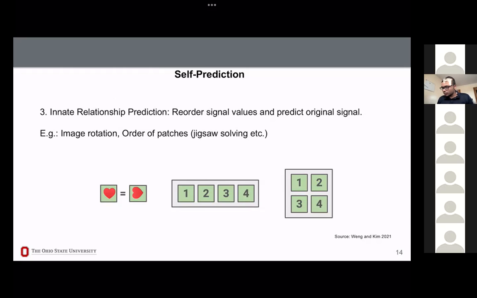Maybe that was a confusion I created. Self-prediction is really about one input, one output. The two-image case is contrastive. If you think about this task, it takes a rotated image and tries to predict the angle by which it was rotated. So the output would be the angle.